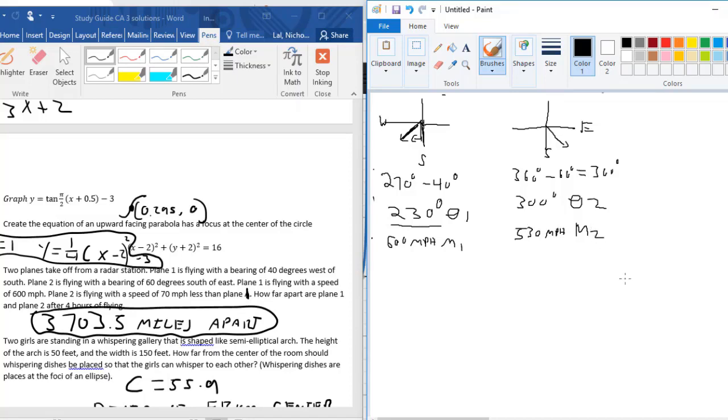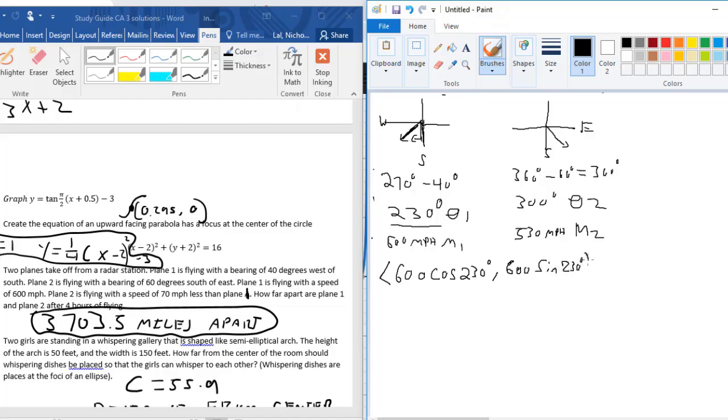So now, I'm going to find the component form of plane 1 and plane 2 after 1 hour. Okay? So after 1 hour, plane 1 is going to have the location 600 times the cosine of 230, and then it's going to also have the component 600 times the sine of 230.